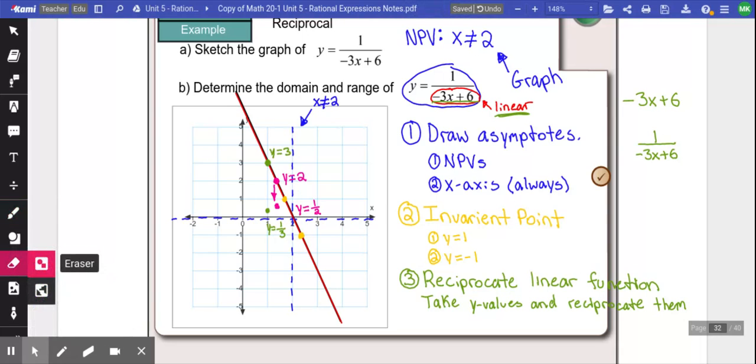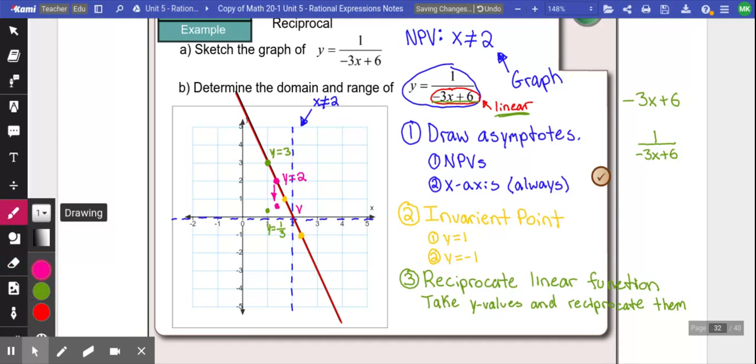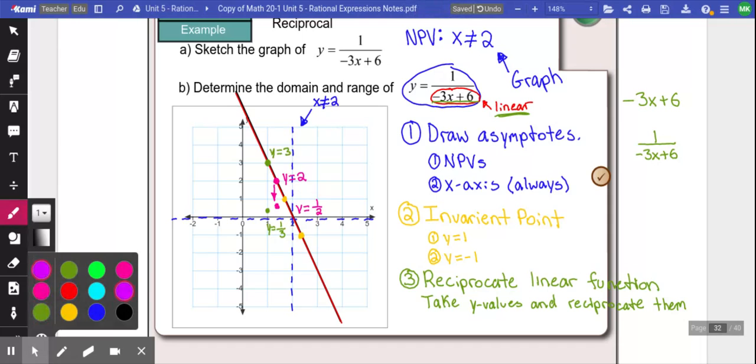And I could do this again, right? So if I wanted to do another one, actually I should have left that. Just for now. Let's do another one. Let's find this point right here. That has a y value of 5.